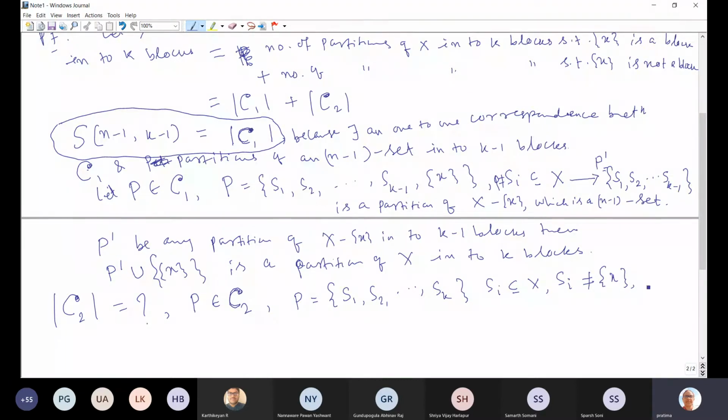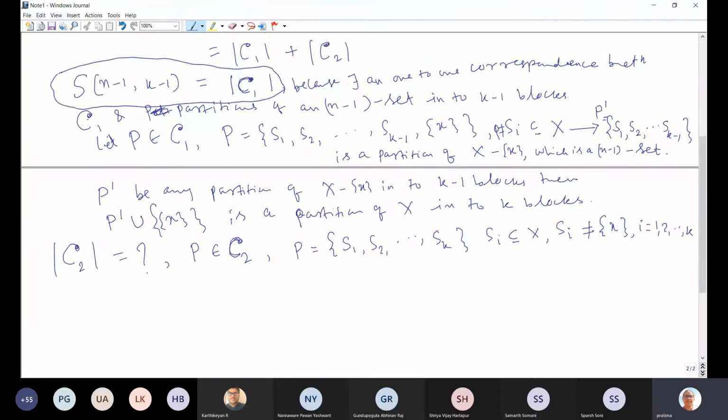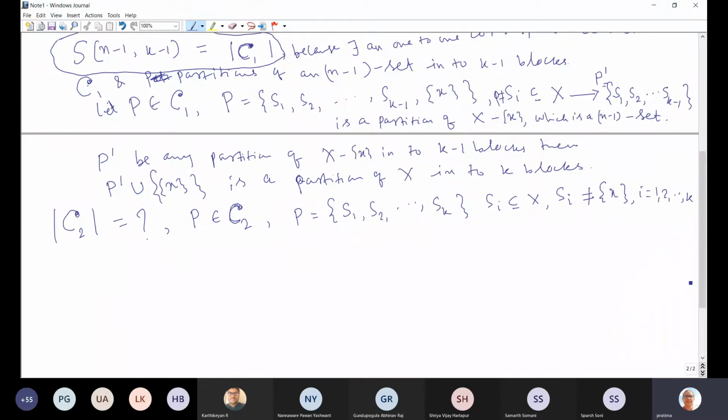So the singleton set {x} does not appear as a block in any partition that belongs to C2. It consists of this type of partitions.